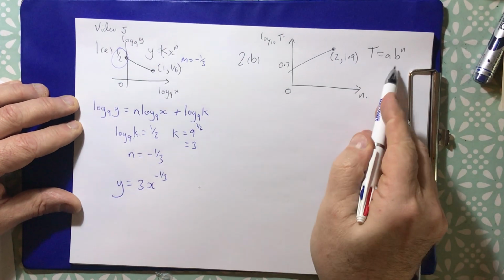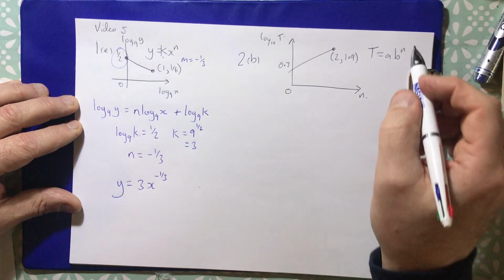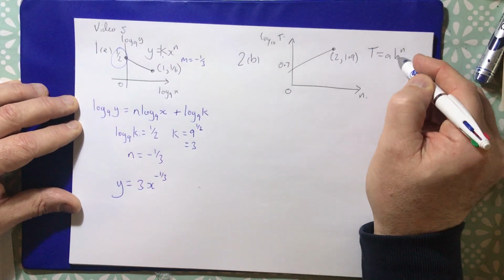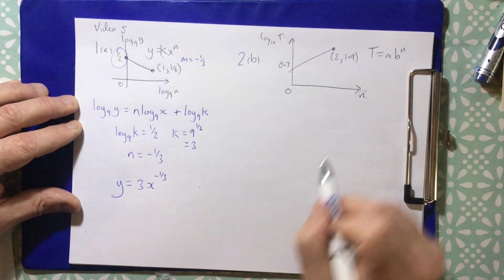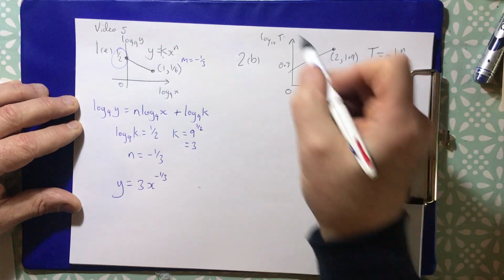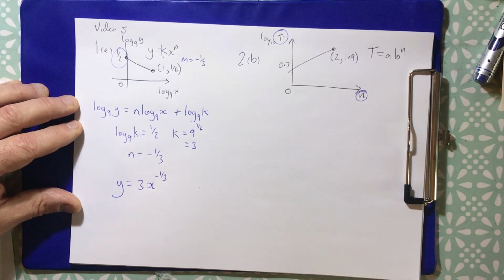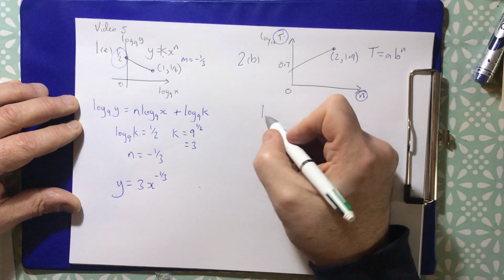Okay. If we look to the next one here, remember what I said? This time, if you like, the t is the y and the n is the x here. So these are our variables, okay? It's a and b that we are trying to work out here. Okay, so if I did the log of both sides, what are we dealing with? Log to the base 10.